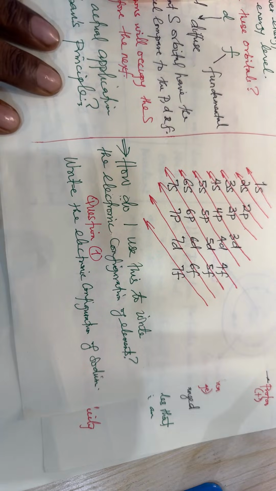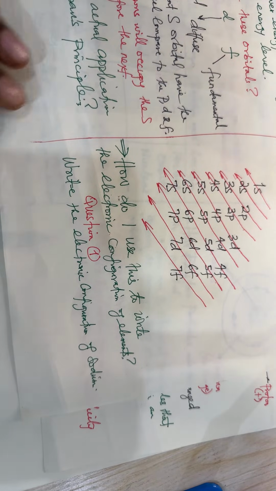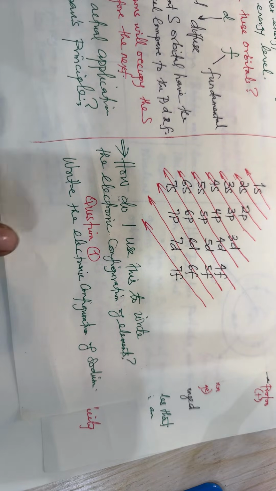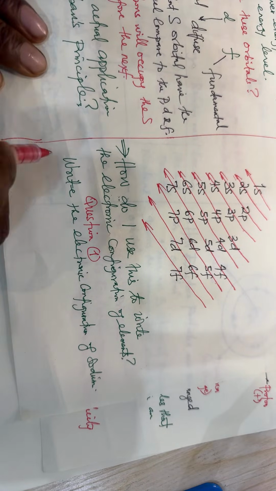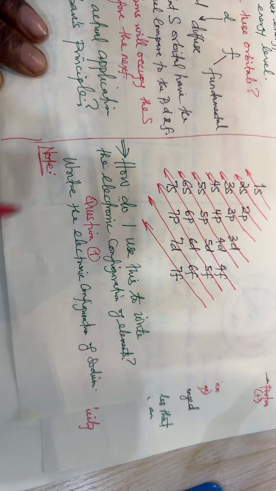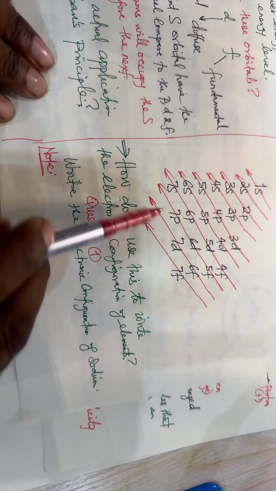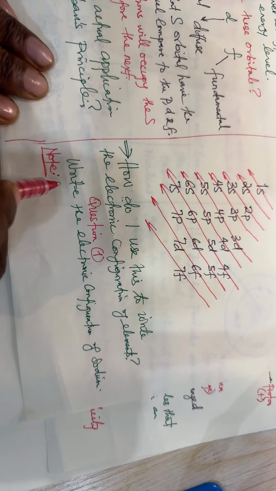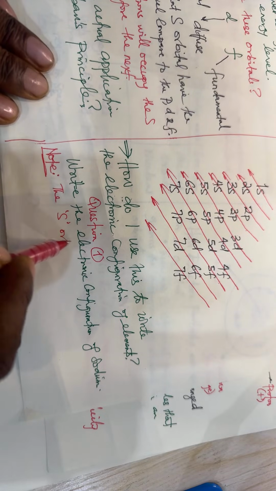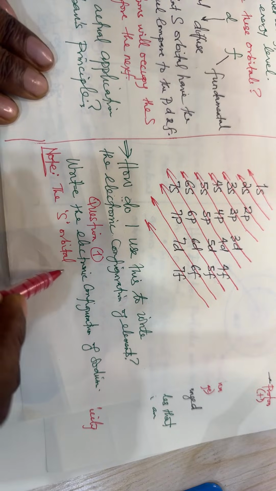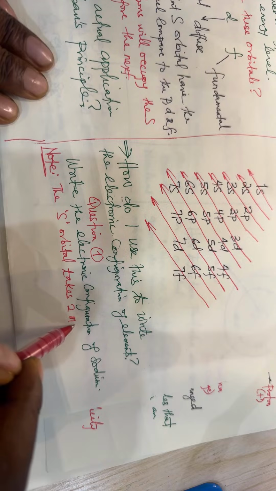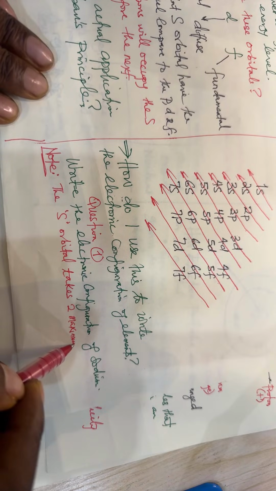Now, before we answer this question, there is something I want you to note. Note that you know SPDF. The S orbital can only take 2 maximum electrons.